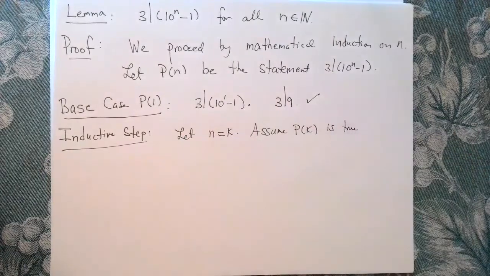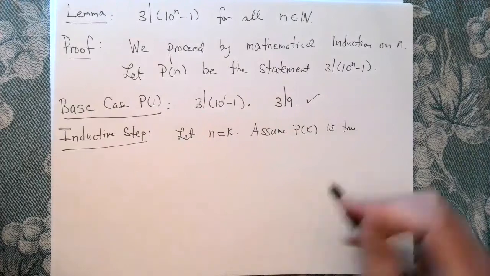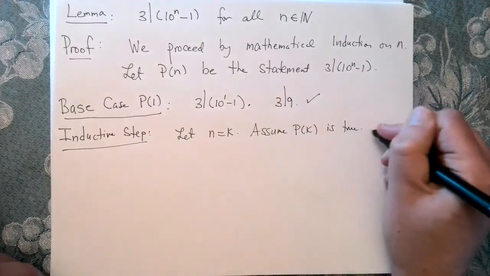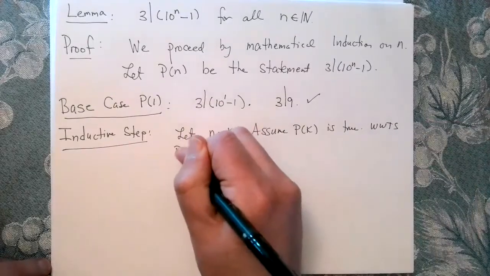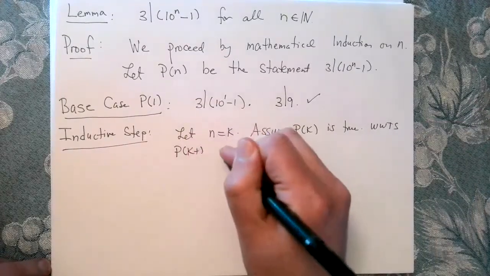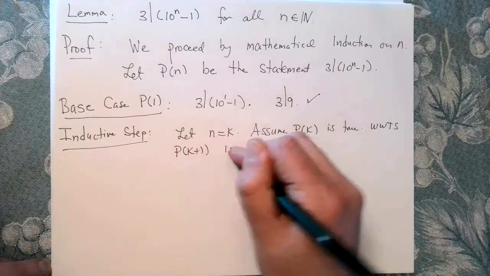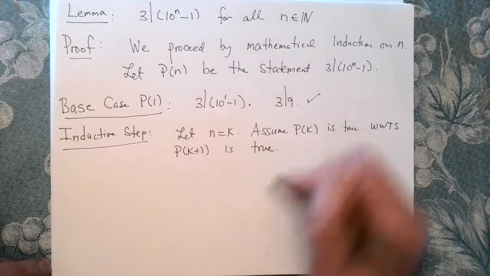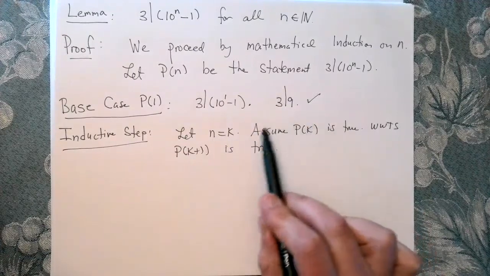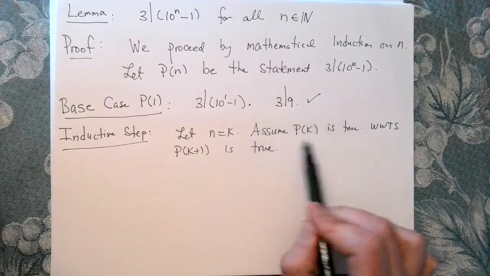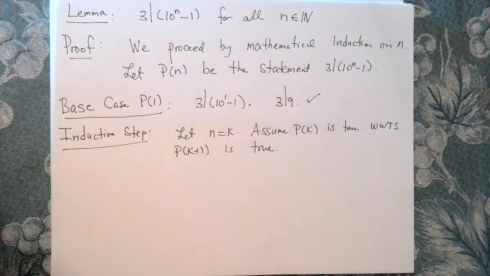And our goal is to show that P of k plus 1 is also true under this assumption, right? So let's say we wish to show that P of k plus 1 is true. Okay, so I get to use this inductive hypothesis as much as I want on my journey to proving this.